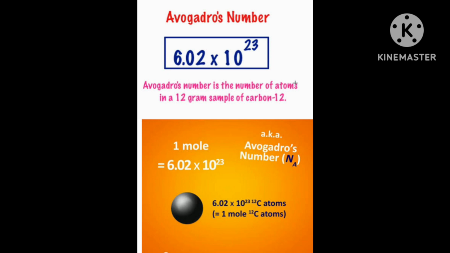Actually, the mole concept you should remember very clearly: it is a number of any things. Any things in Avogadro number, that is equal to 1 mole. Maybe electrons in this number, that is also 1 mole.